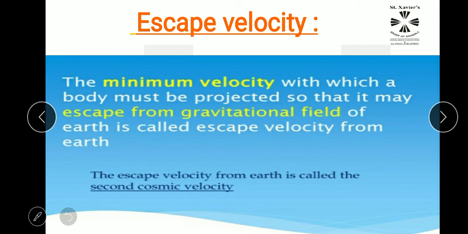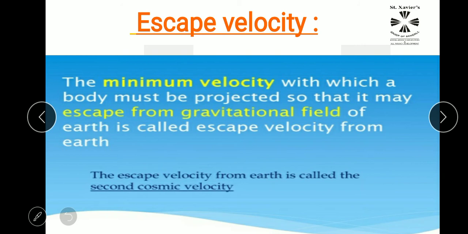and that minimum velocity with which a body must be projected so that it may escape from the gravitational field of Earth is called escape velocity from the Earth, students. I'll repeat, students. Whenever I'm projecting any object in upward direction, if my force is enough to project the object out of the Earth's gravitational force, the minimum initial velocity required to project that object out of the Earth's gravitational field is called escape velocity, students.